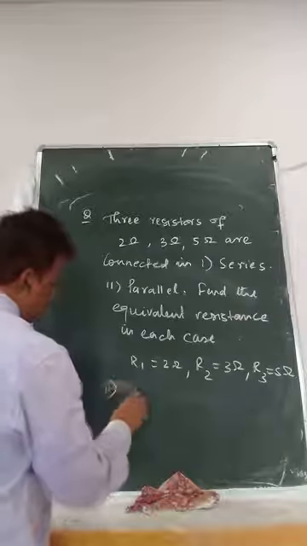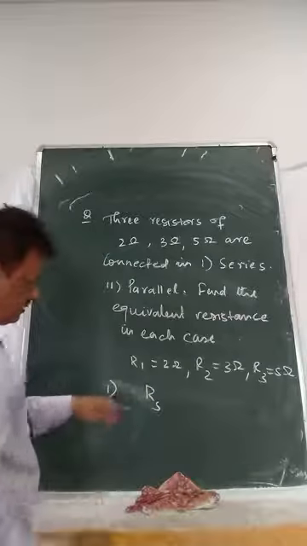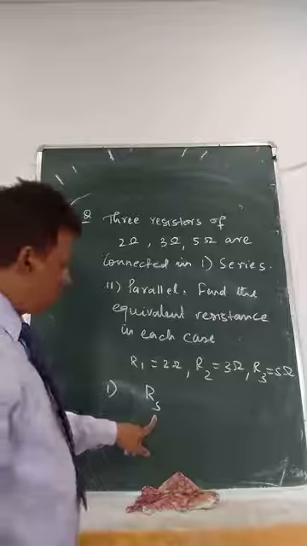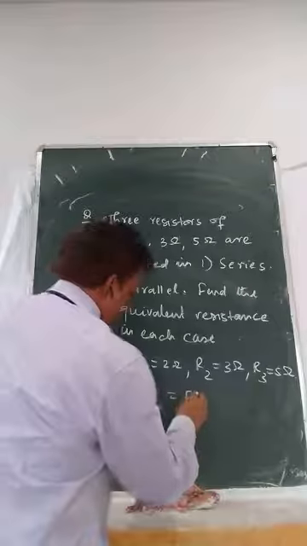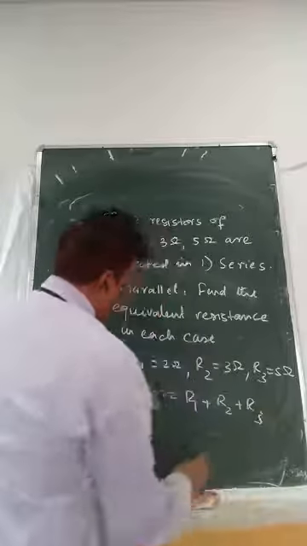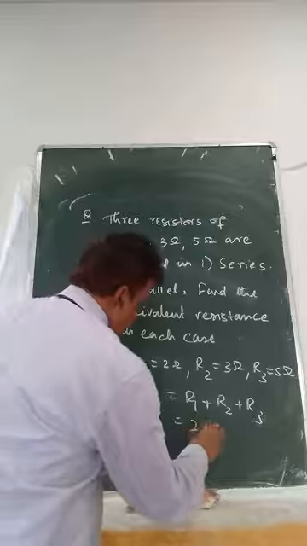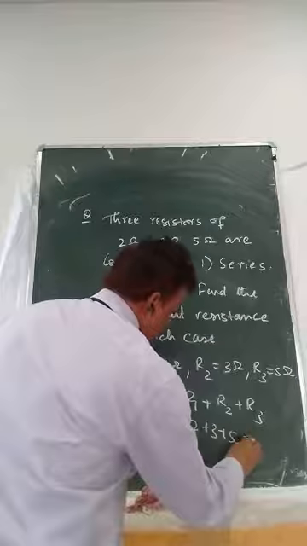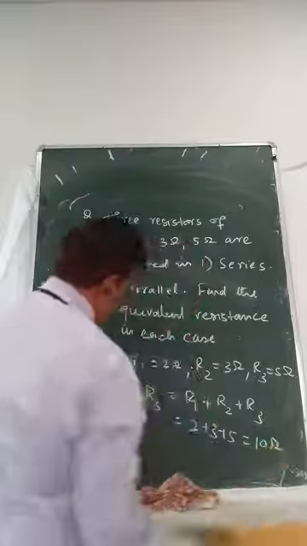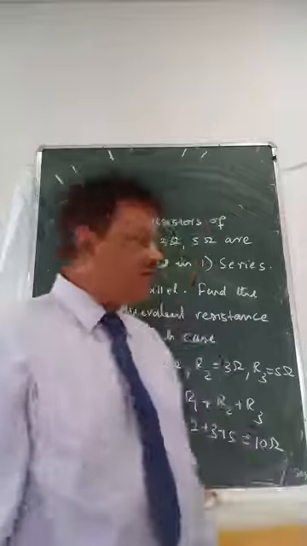Resistance in series, you write. What is the series formula? R1 plus R2 plus R3. That means you have to add this. How much will you get? That is 2 plus 3 plus 5, that is 10 ohm. That means when you connect in series, the resistance increases, it becomes 10.